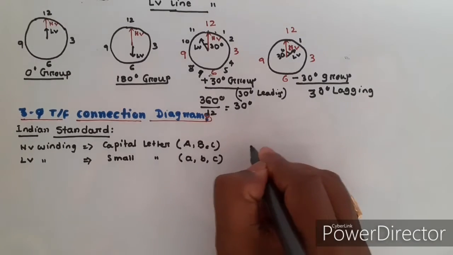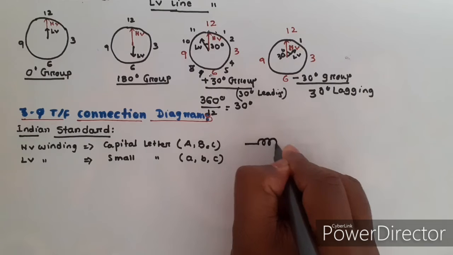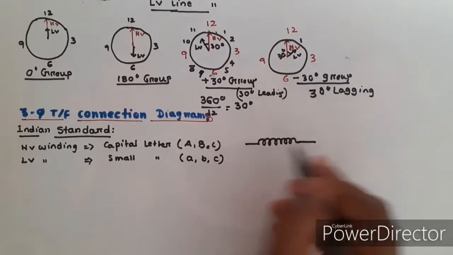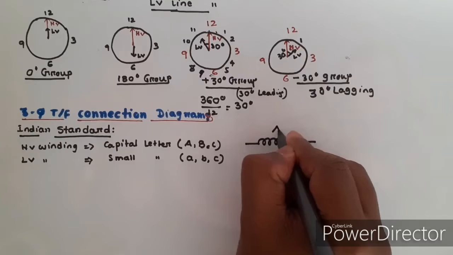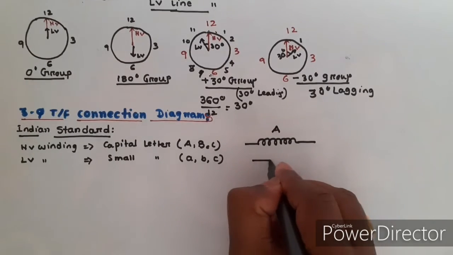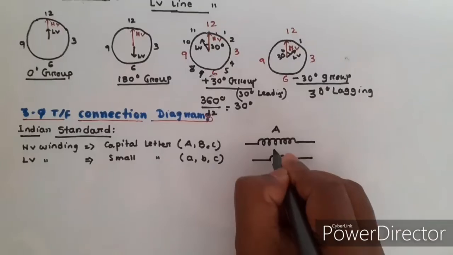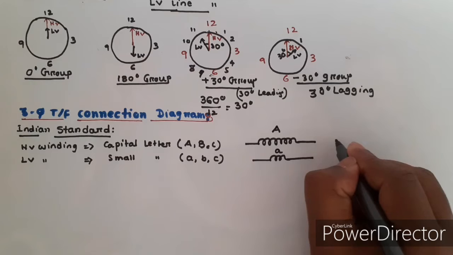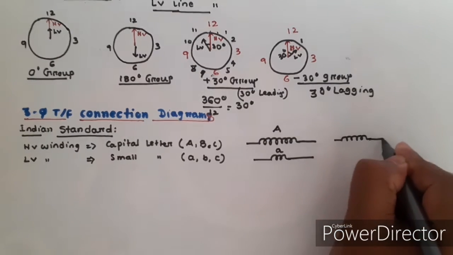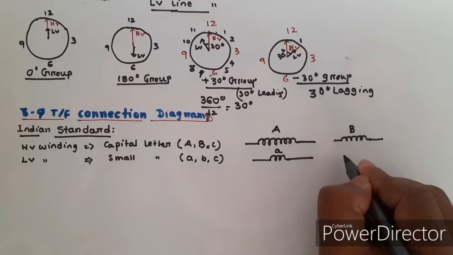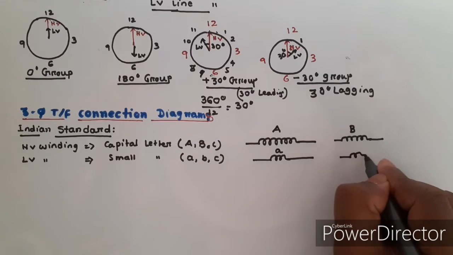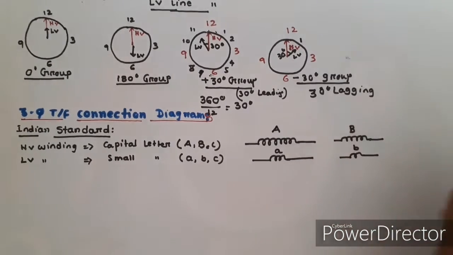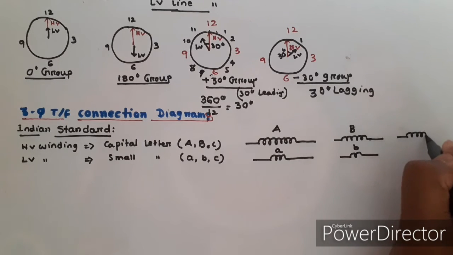Suppose HV winding has more number of turns like this, and suppose this is phase A. For LV winding, less number of turns, and represented by a small a. Similarly, for B phase, and for LV B phase like this, and for C phase like this, capital C, small c.